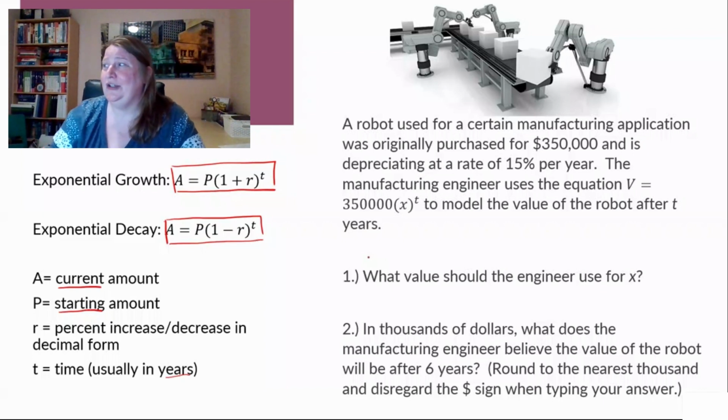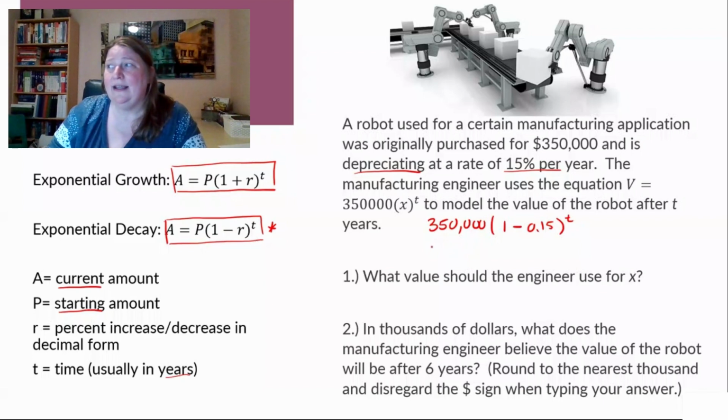What should the engineer use for X? Well, it is depreciating. That means I'm going to use the 1 minus R, not the 1 plus R, at 15% per year. So that's 0.15 is R. So this is going to be 350,000 times 1 minus 0.15 to the T power, right?